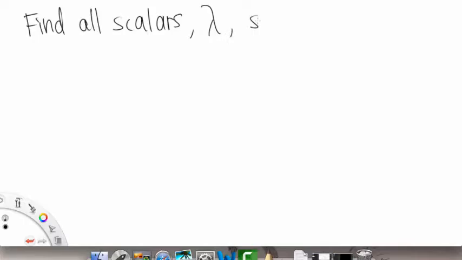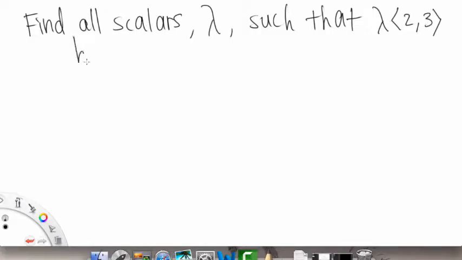Alright, so for the last example, we're going to find all scalars. And again, scalars just means real numbers. Scalars, we're going to call them lambda, such that lambda times (2, 3) has length of 1.